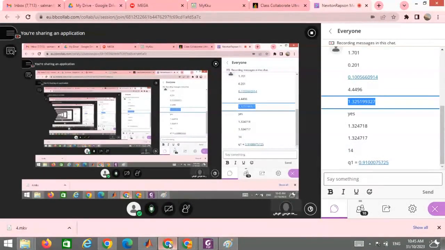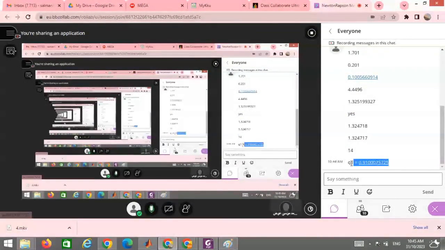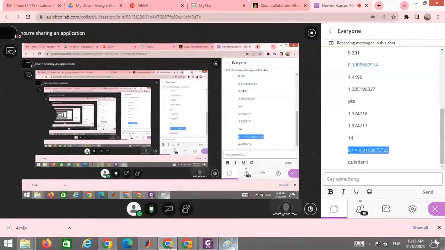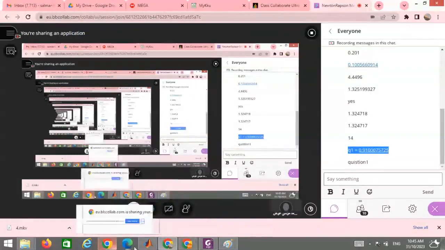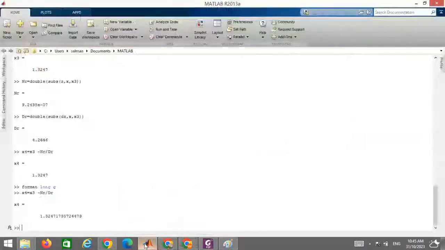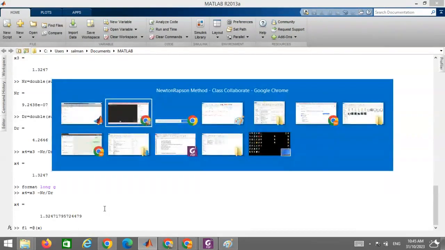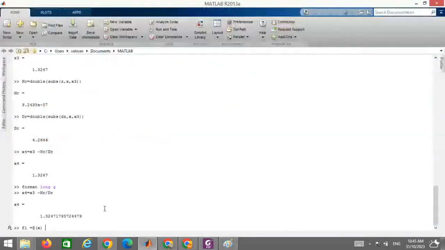Here I write f1 is a function of x, and what is the function we have given? e to the x minus 3x squared, right? So e to the x is written like this: exp of x minus 3 into x cap 2.